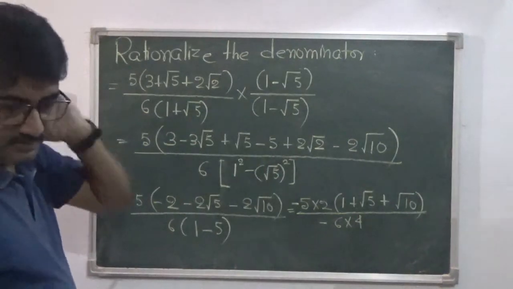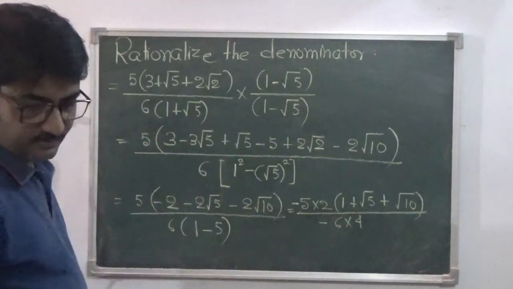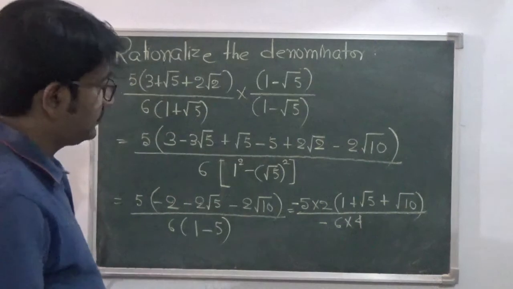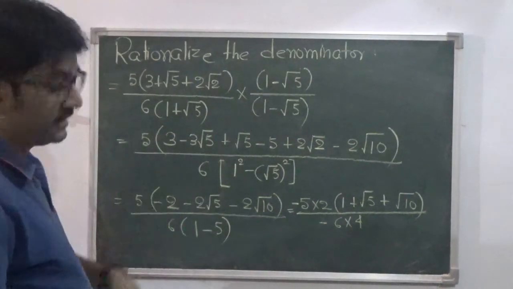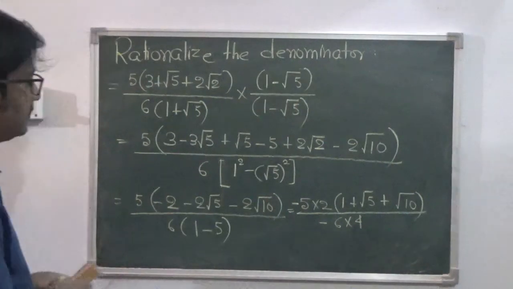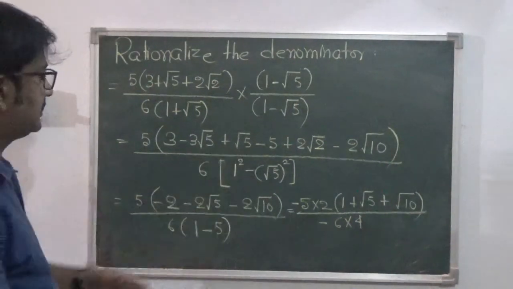So we get the value as 1 plus root 5 minus root 2. So I have left out something here. I think I have done something wrong here. I missed out this 2 root 2 here, sorry.